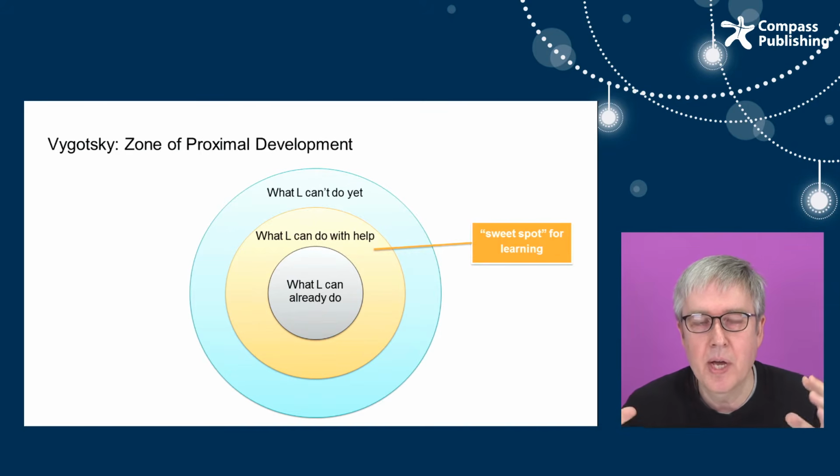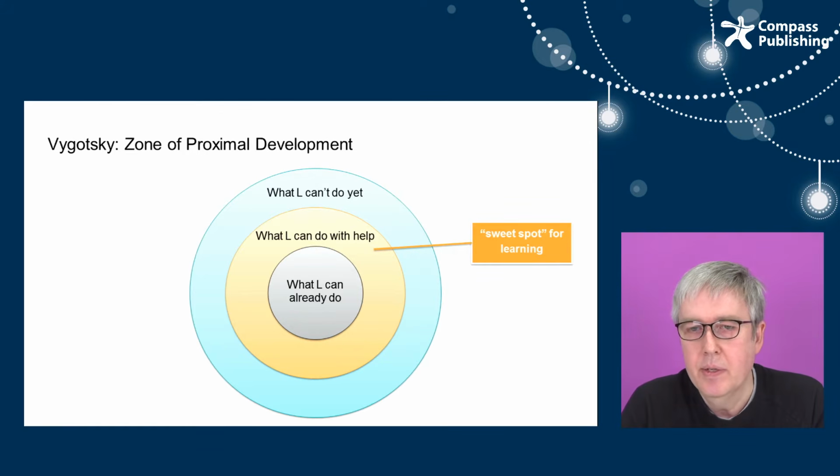In the outside ring, we have what learners can't do yet. Things that are too challenging for them, things that, even if we help them a little bit, they could not do. But then in the middle ring, the yellow ring, we have what learners can do with help.